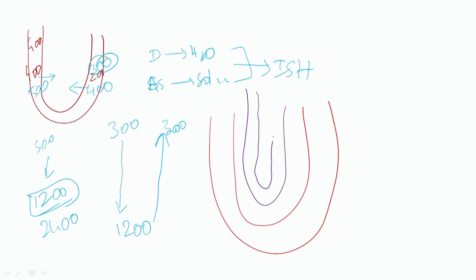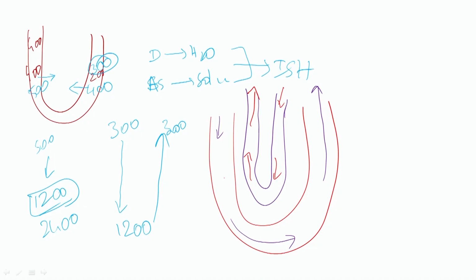Okay, the vasa recta. Now what happens? The loop of Henle is flowing in this way, right? Whereas the vasa recta flows in the opposite direction. Remember, that is why it is a countercurrent mechanism, because it is happening in an opposite way.